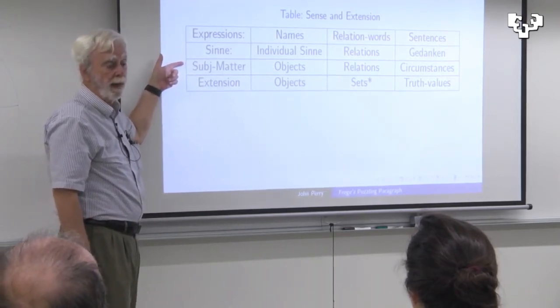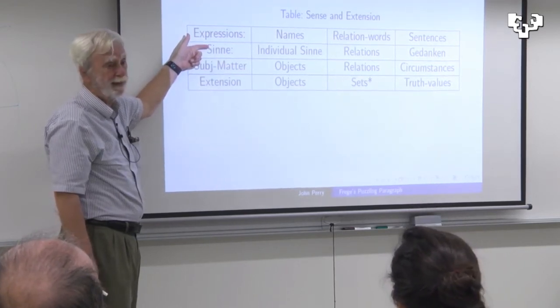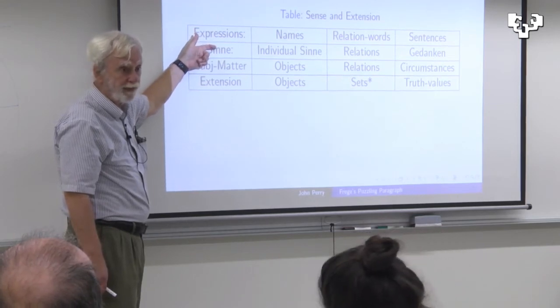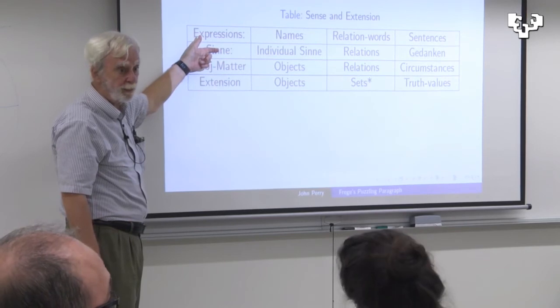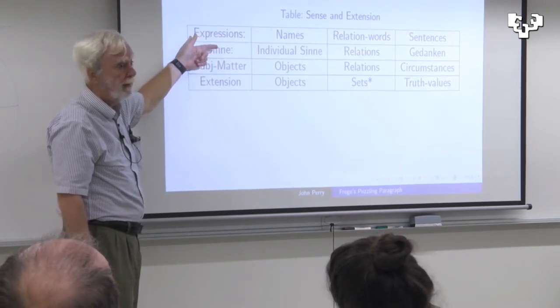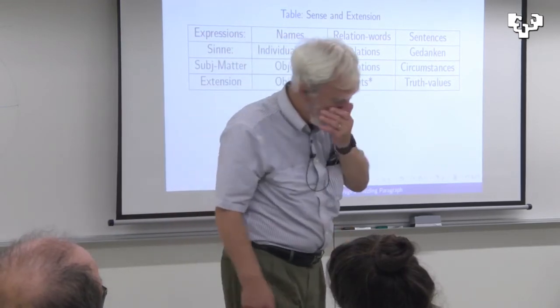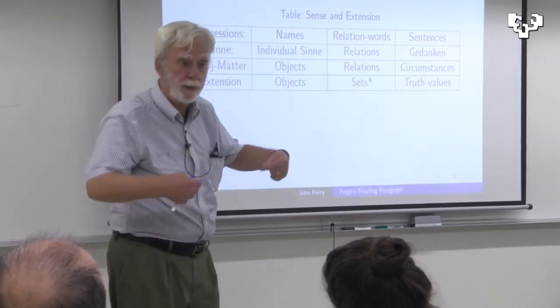I agree with that. And if it turns out that Sinne is not as clear a concept and is not a pervasive feature as Frege thought, which is what the direct reference people say, that would explain why we don't usually deal with this level.